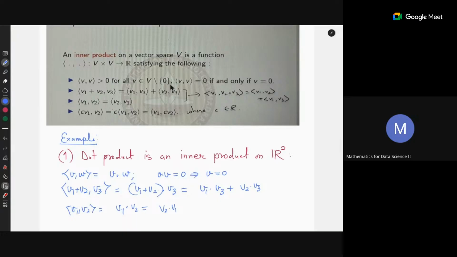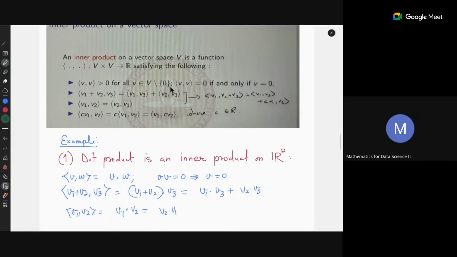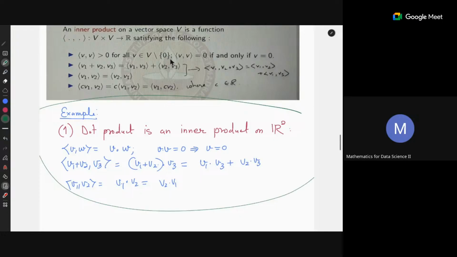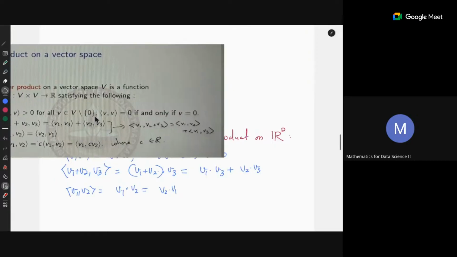And we say, let me add a line over here.